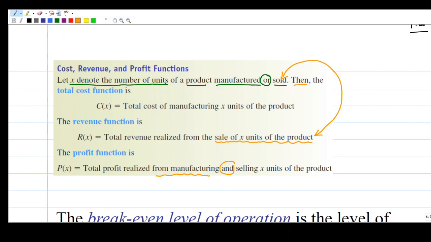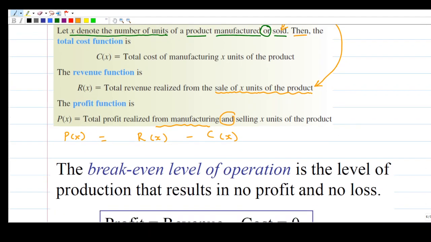So your profit function is really your revenue function minus your total cost function.